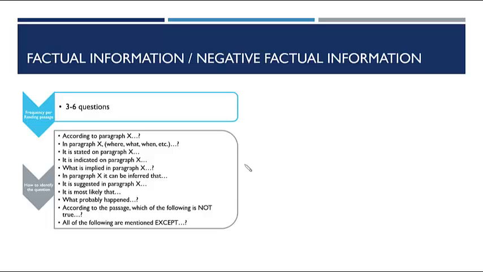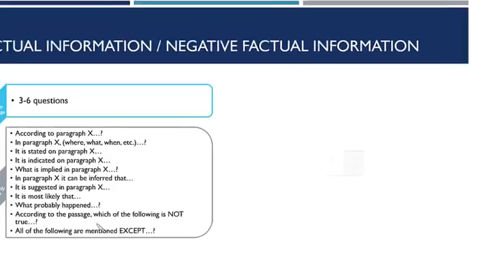Then you are going to find factual information and negative factual information. You are going to find 3 to 6 questions per reading passage. These are some of the phrases that are going to be useful to identify this question: according to paragraph, in paragraph, it is stated in paragraph, it is indicated in paragraph, and so on.